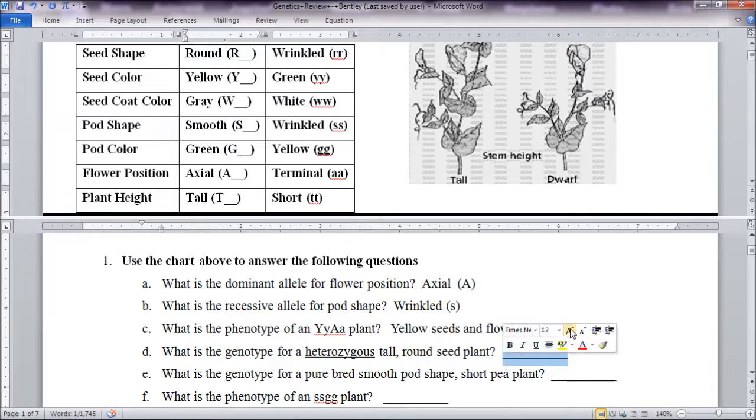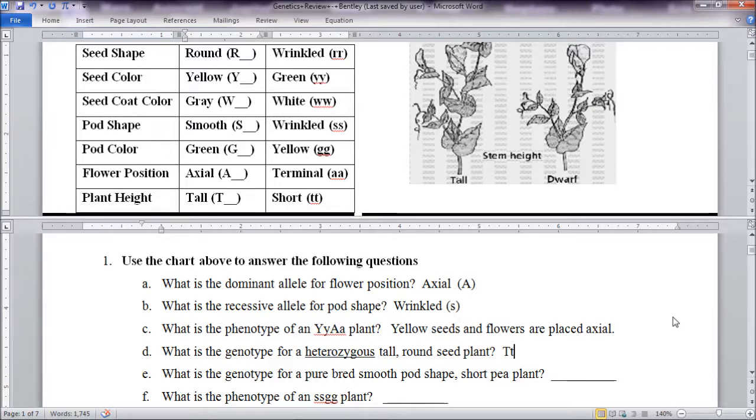But genotype refers to the actual letters. So for a tall thing that is heterozygous, and hetero means different, we will have to have a capital T and a lowercase t to make it hetero, to make the two genes different. So capital T, little t makes it heterozygous, yet still tall.